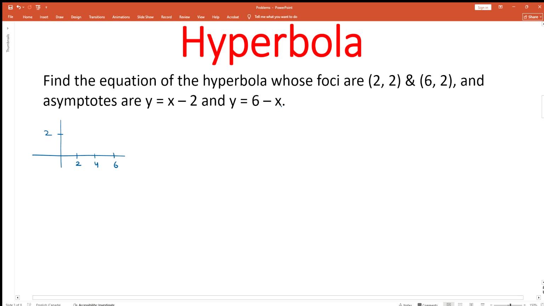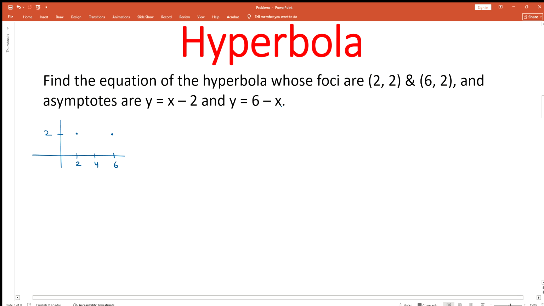The given foci points are (2, 2), which is here, and (6, 2), which is here. As you can see, these foci points lie along a horizontal line. That means the curves or the branches of this hyperbola are side by side.